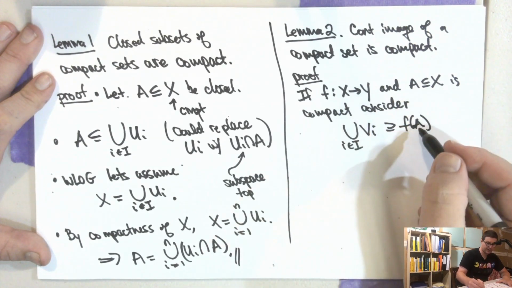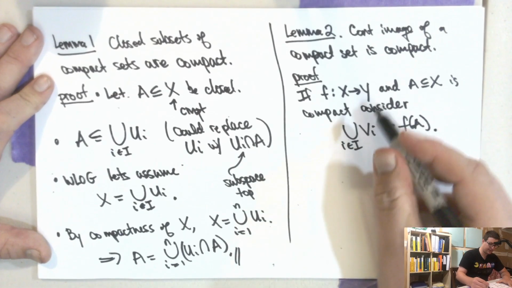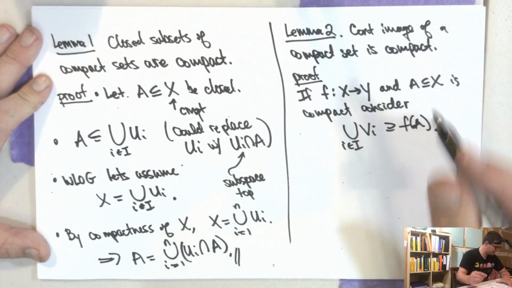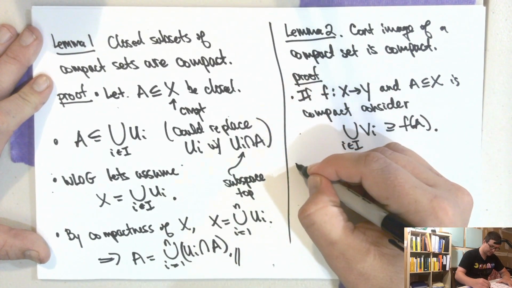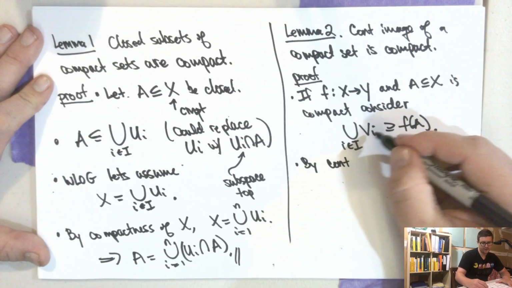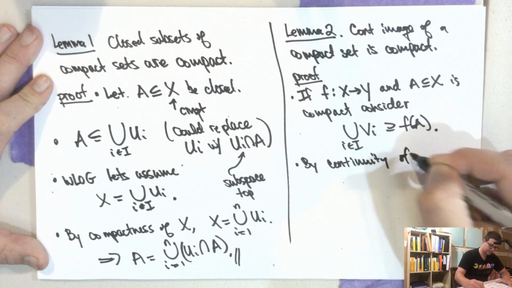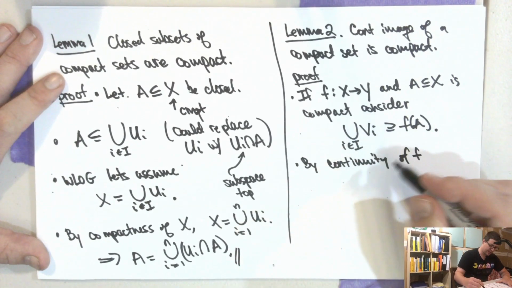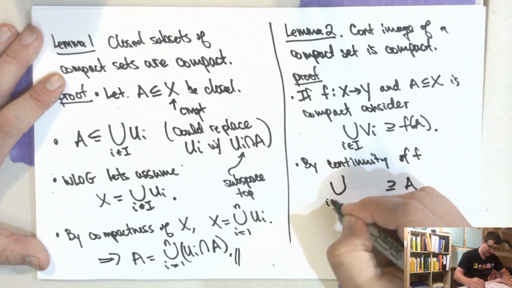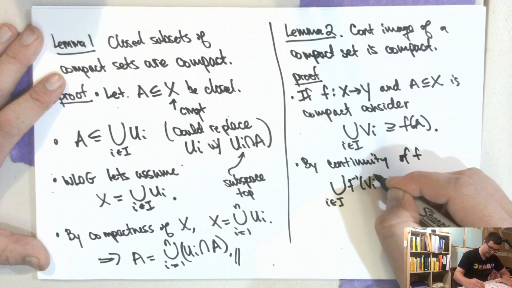So let's just cover this by open sets. Okay, so these are open sets in Y. So by continuity, the inverse images of these open sets are open, so we have that A is contained in the union over i in I of f inverse of V_i.